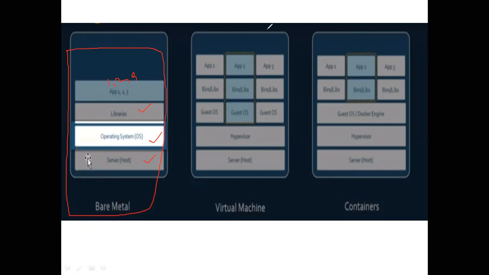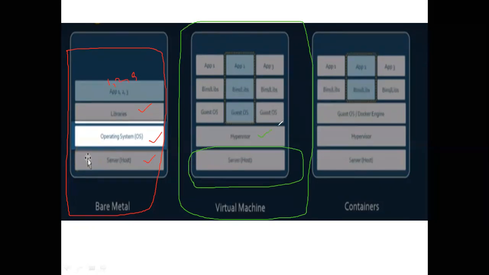Later we got VMs, virtual machines. Virtual machines are where you have the same hardware for multiple systems. Here the server host is the same, whereas there is hypervisor software like VMware or Microsoft hypervisor software.